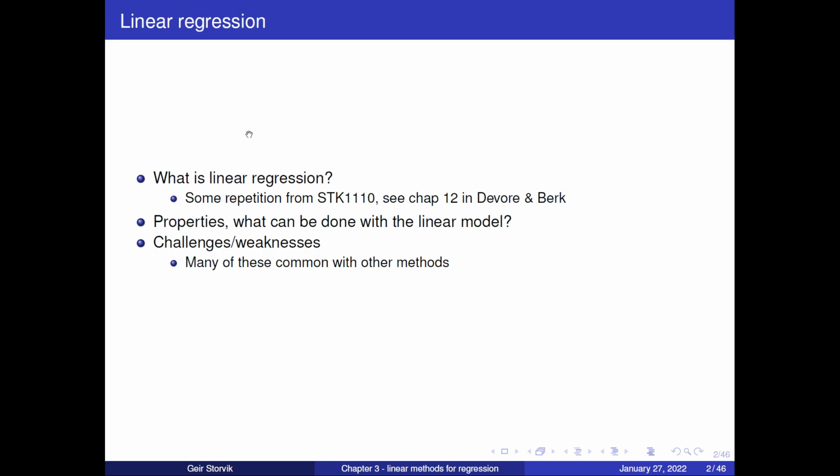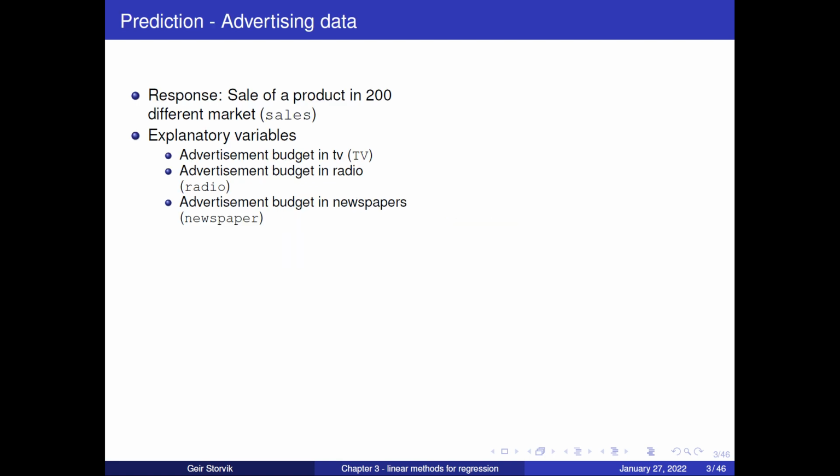So we are going to go through what linear regression is, and we will look at some properties. But we will also discuss some challenges, and in particular weaknesses related to these methods. And that will be used as a motivation also for more advanced methods.